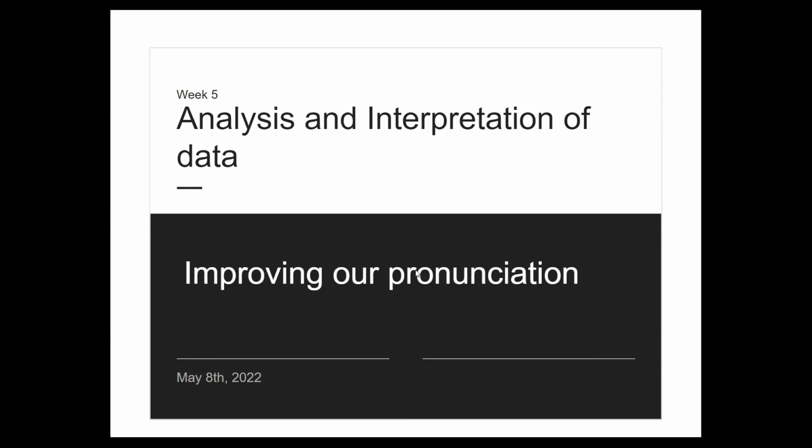For example, 10% of the population said this, and 90% said the other thing. So interpreting the data basically is the understanding. It's not giving conclusions, and I want you to understand that. It is the way that you interpret it.